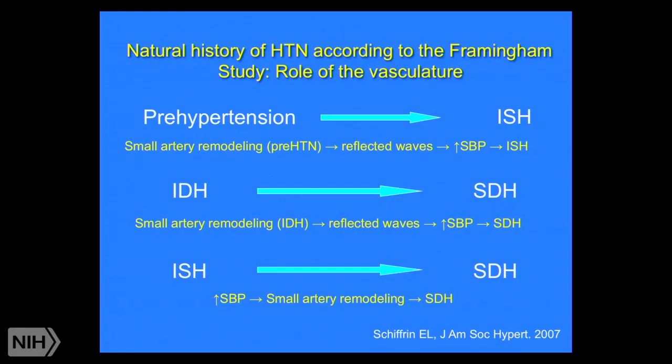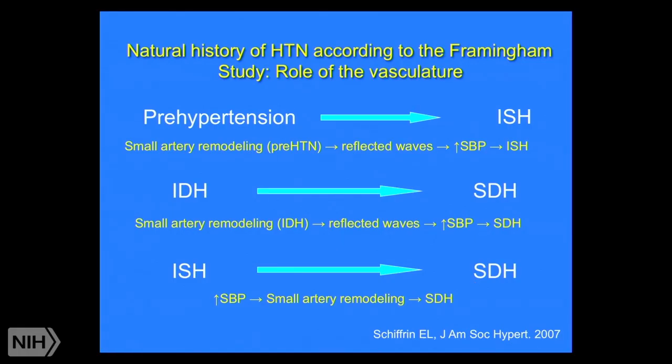And they found, this paper was published originally by Stan Franklin, and showed that pre-hypertensive individuals in the Framingham cohort, after 10 years, developed isolated systolic hypertension, that isolated diastolic hypertension that is found mostly in individuals who are smokers, male, and have abdominal obesity, evolved over 10 years mostly to systodiastolic hypertension, and that isolated systolic hypertension at the beginning of this period in the Framingham cohort resulted after 10 years mostly in an evolution towards systodiastolic hypertension.